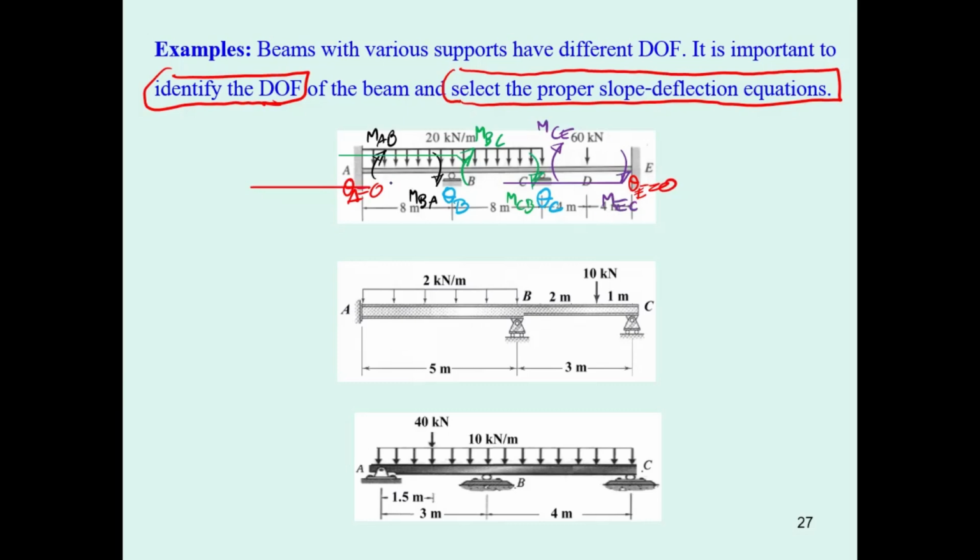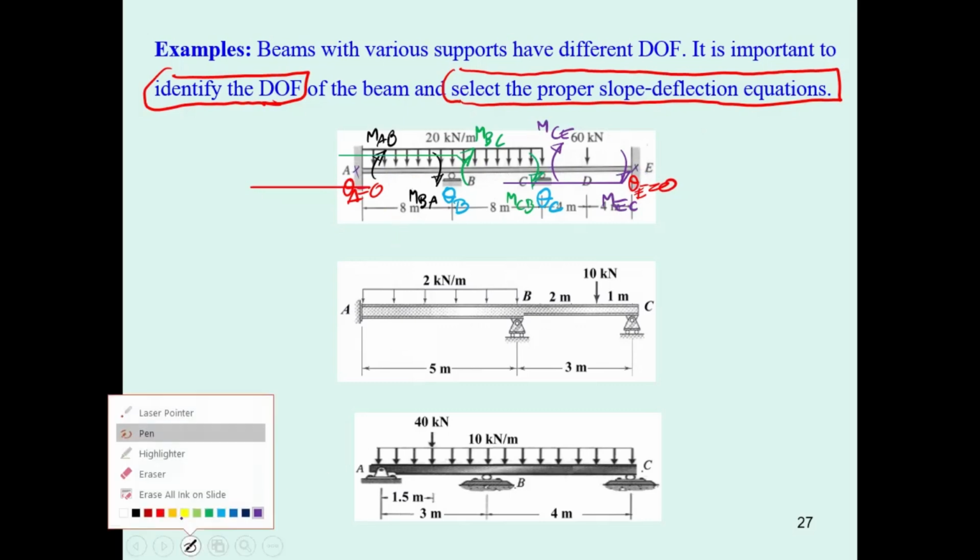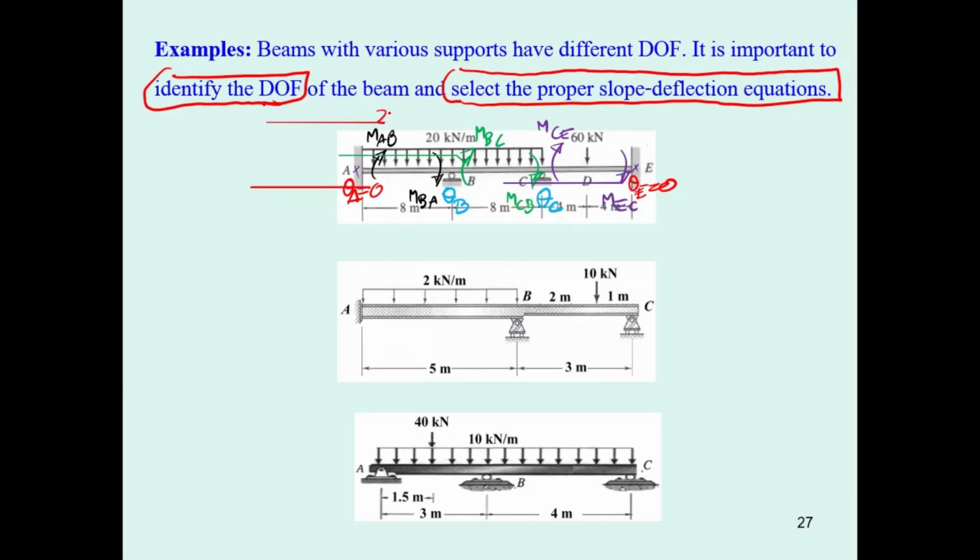You can see all of the members here have no external pin. So on this problem, you will use the equation 2EI over L for all of them. Okay, no option for the second test.